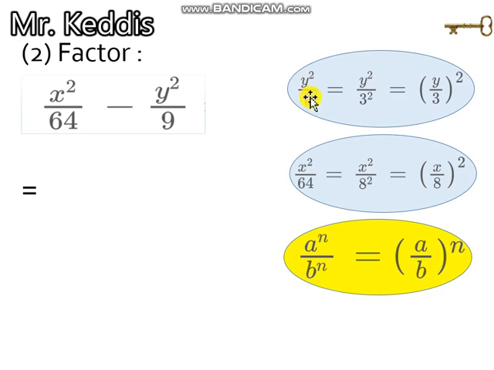You have y squared over 9. 9 means 3 squared, and I can write this according to these rules as y over 3 quantity squared. Also, x squared over 64. 64 means 8 squared, and I can write this as x over 8 quantity squared.